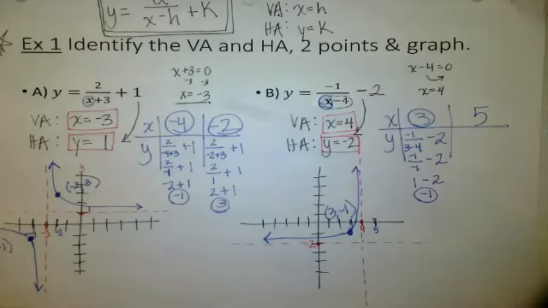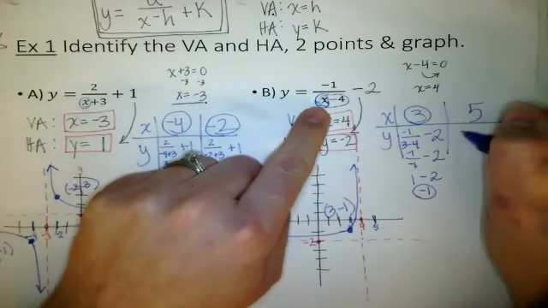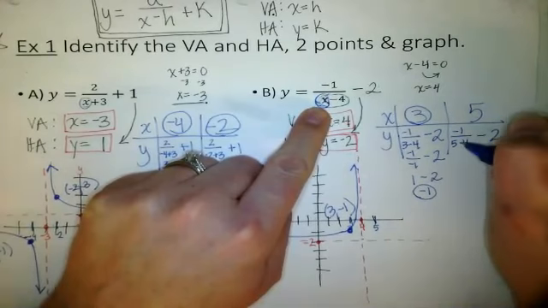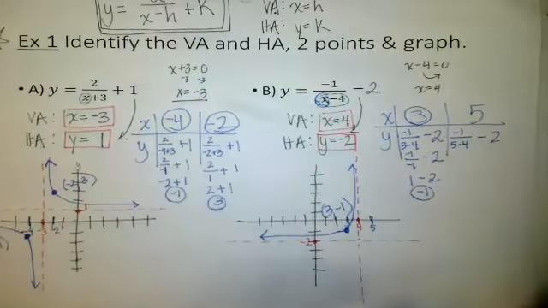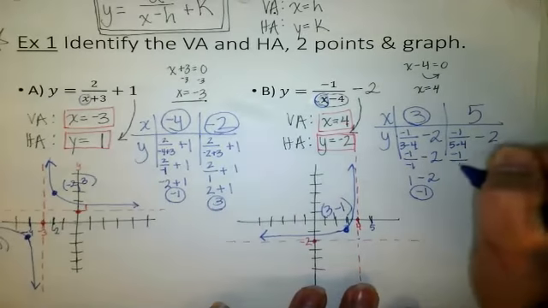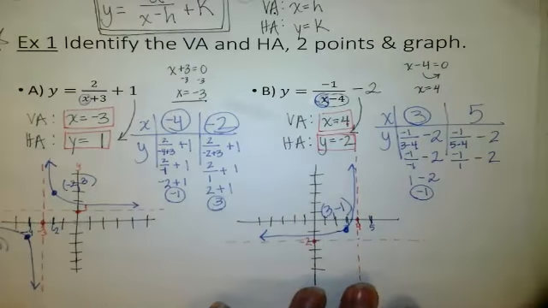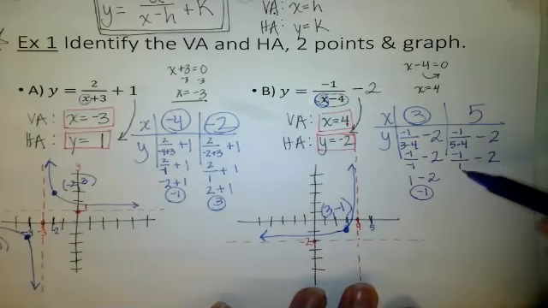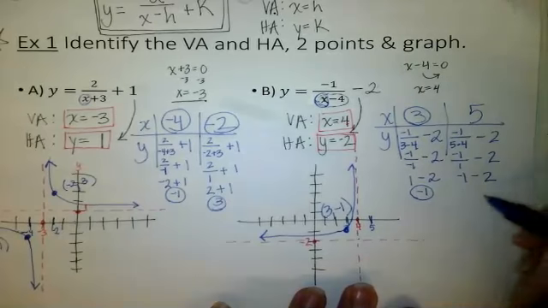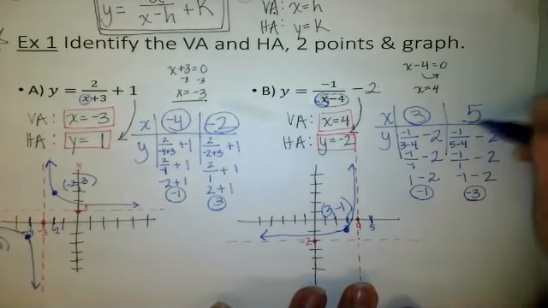Okay, let's plug in the 5. So negative 1 over 5 minus 4, minus 2. Gotta do the 5 minus 4. 5 minus 4 is 1. So we have negative 1 over 1, minus 2. Negative 1 divided by 1 is negative 1. Minus 2 is negative 3.